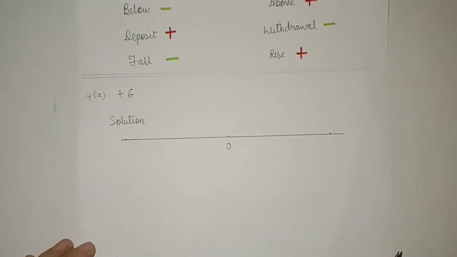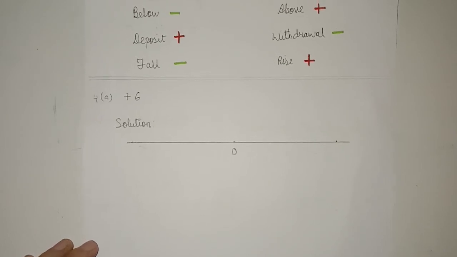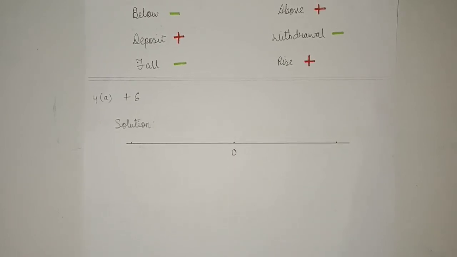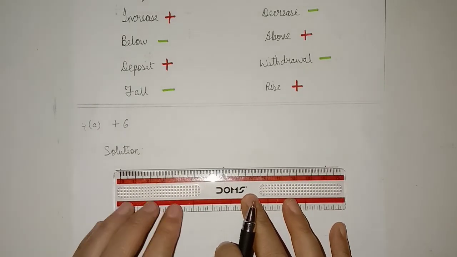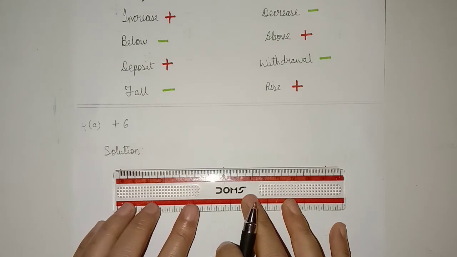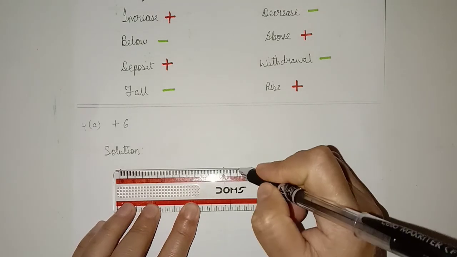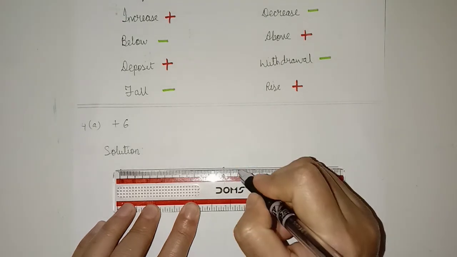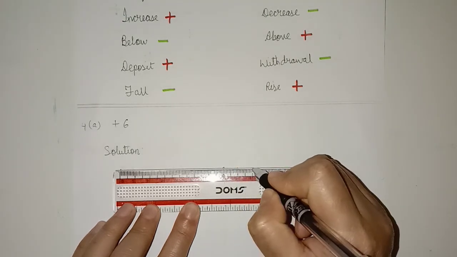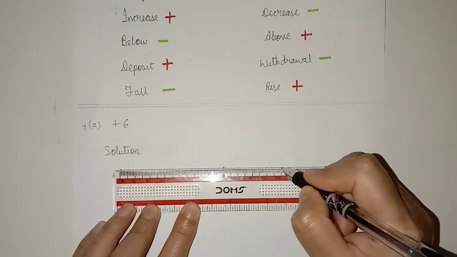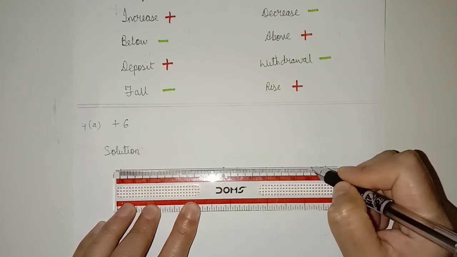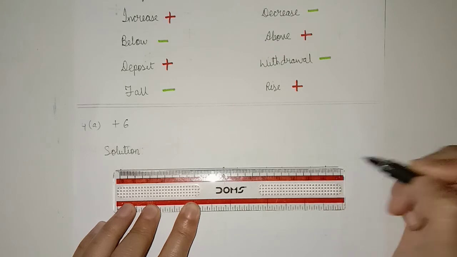Now let us go back to question number 4a. I already marked the points there. I put 7 centimeter on my scale. Now let us mark here. I mark a point like that so that I will know 1, 2, 3, 4, 5, 6, and here is my 7.